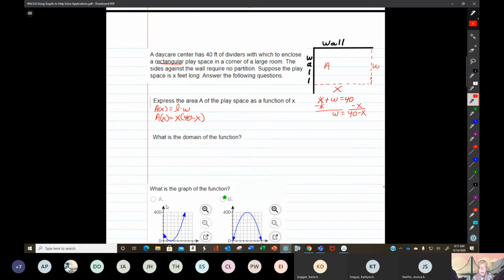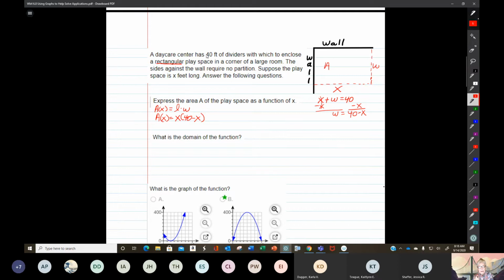Okay, now we're going to talk about domain when it comes to a real life problem. What is the domain of the function A of X? Okay, since we're playing with X by itself up here, and we only have 40 feet of dividers, stop and think about this.